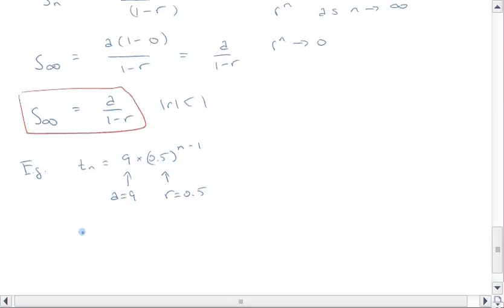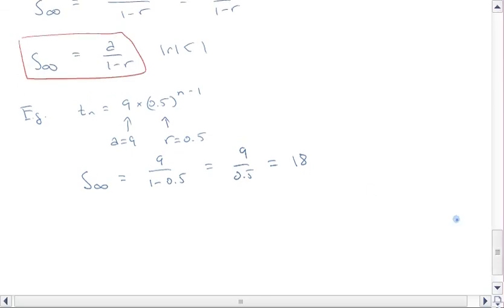S infinity, the sum of an infinite number of terms of the sequence, is equal to A divided by 1 minus r. So that's 9 divided by 1 minus 0.5, which is 9 divided by 0.5, and that's equal to 18. That's a really interesting result.